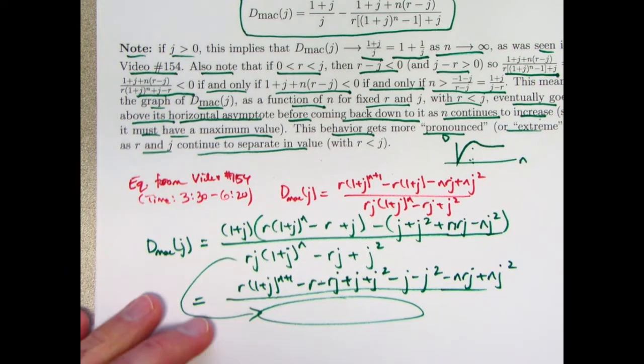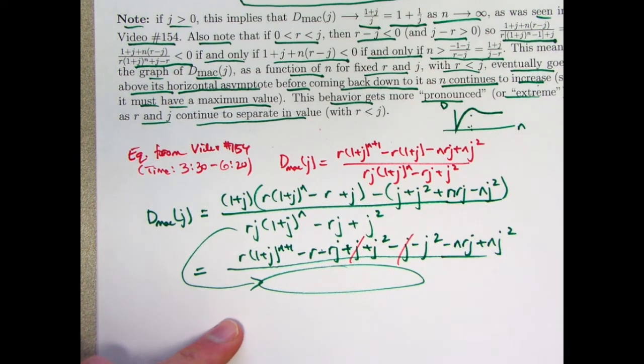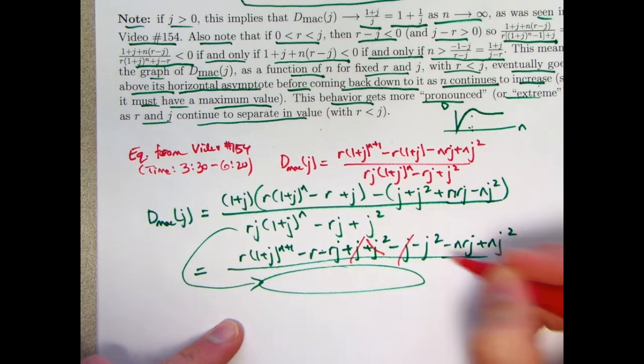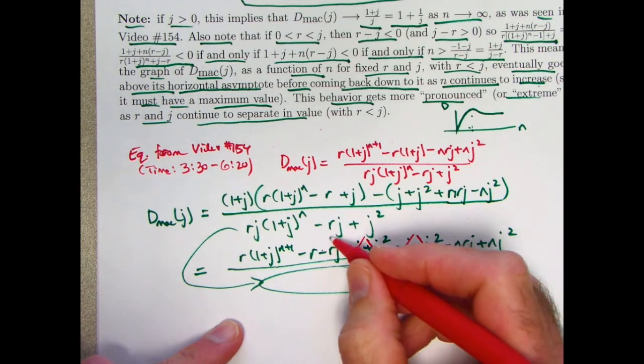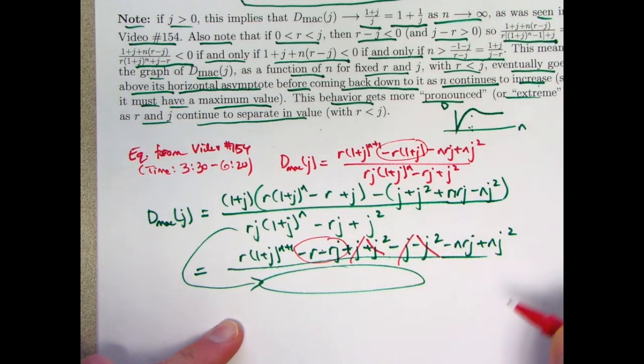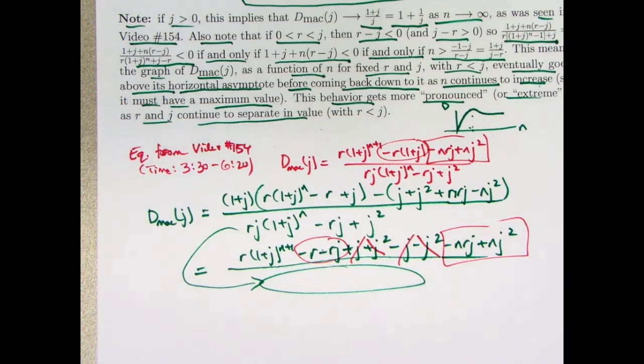Should get some cancellation. Let's see, this j cancels with this j. What else cancels here? I think there's, yep, j squared cancels with this j squared. And these two can combine to give you this thing. And then these two things match these two things here. So we did do it.